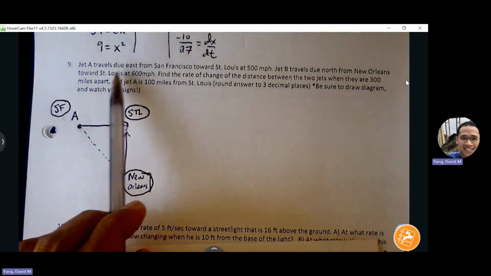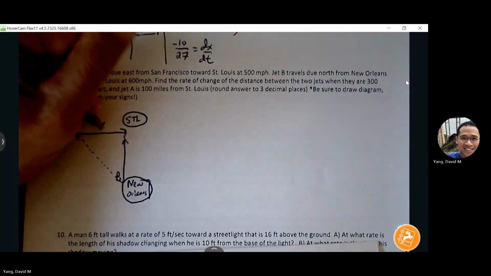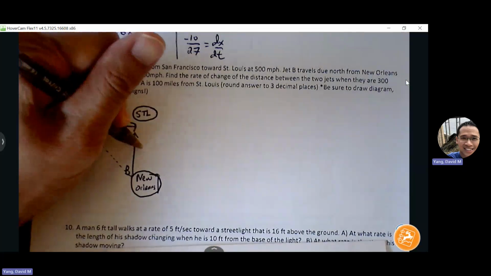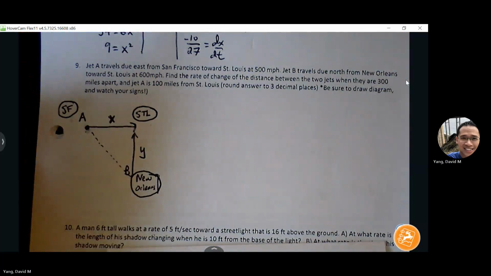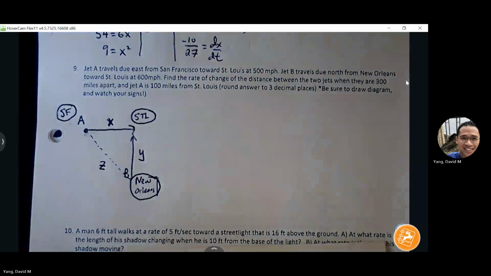Okay, so jet A travels due east from San Francisco towards St. Louis. Jet B travels due north. Find the rate of change of the distance. Okay, Pythagorean theorem.